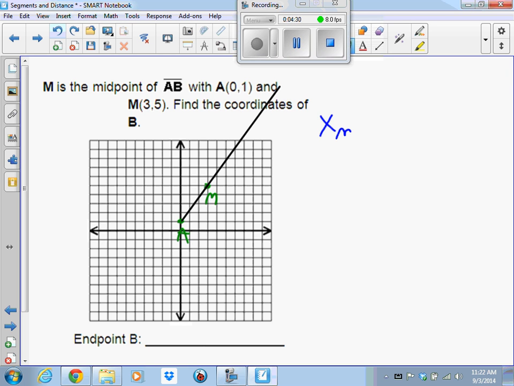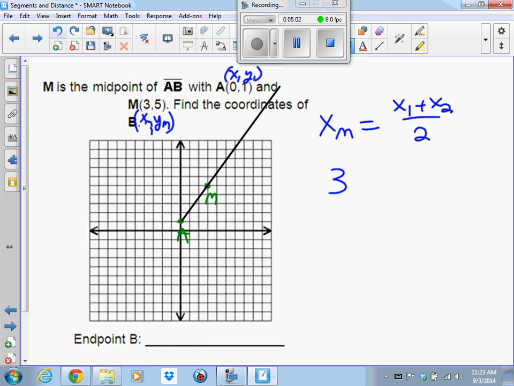Here, the x of my midpoint is x1 plus x2 all over 2. In this case, we don't know x2. We only know x1, y1, and the x and y of my midpoint. We know x of m is 3.